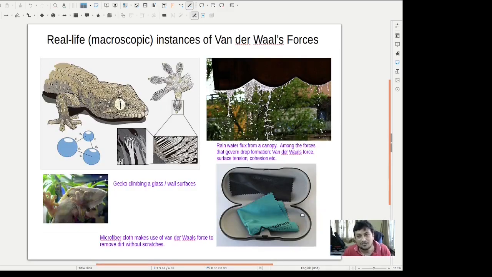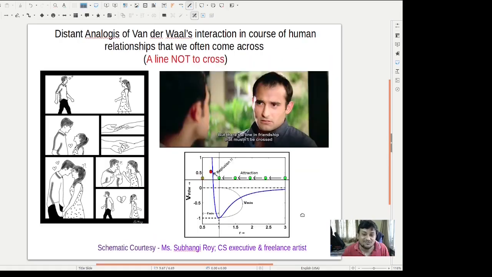There are real-life or macroscopic instances of Van der Waals forces. For example, a gecko climbing a glass, or rainwater flux from a canopy, or if you want to clean your specs without forming scratches with a microfiber cloth. All these are instances of Van der Waals interaction. And even distant analogies we cannot overlook in our social context.